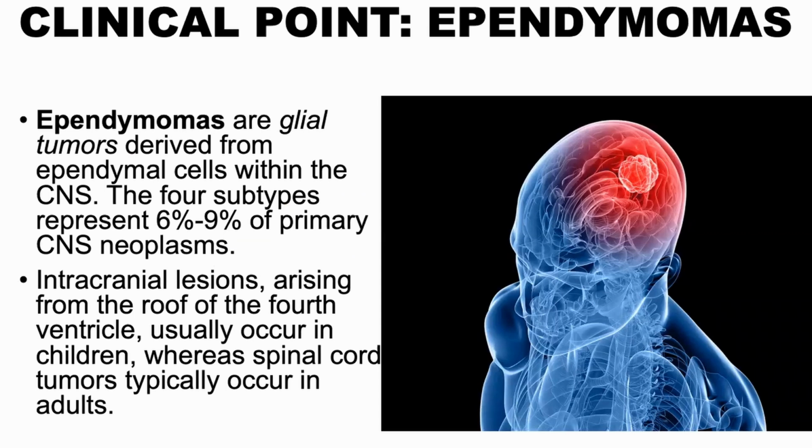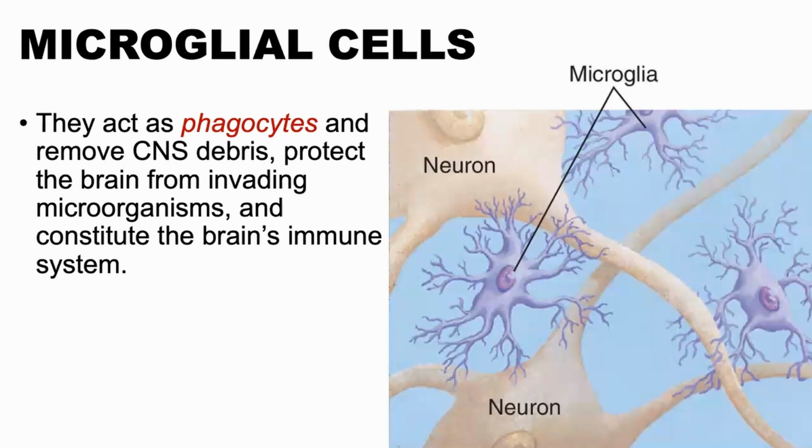Naturally, because they come from the ependymal cells, you expect them to arise from the ventricles of the brain, and they can also arise from the central canal in the spinal cord. The microglial cells, we already said, are the phagocytic cells that are there to fight against bacteria, viruses, parasites, whatever debris gets into the central nervous system.